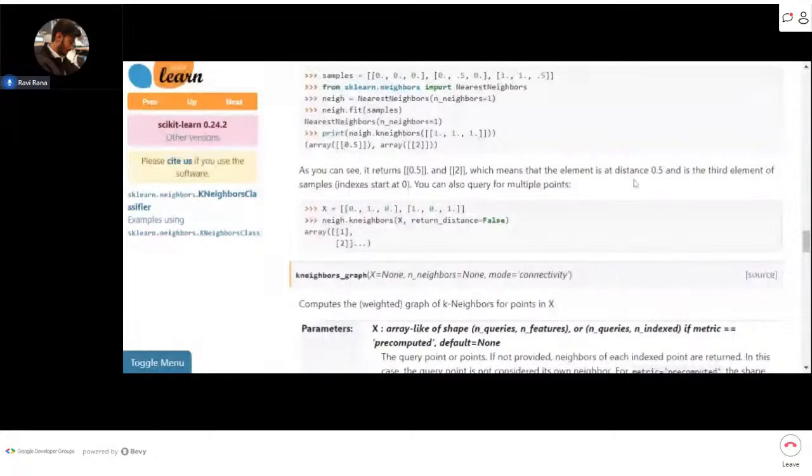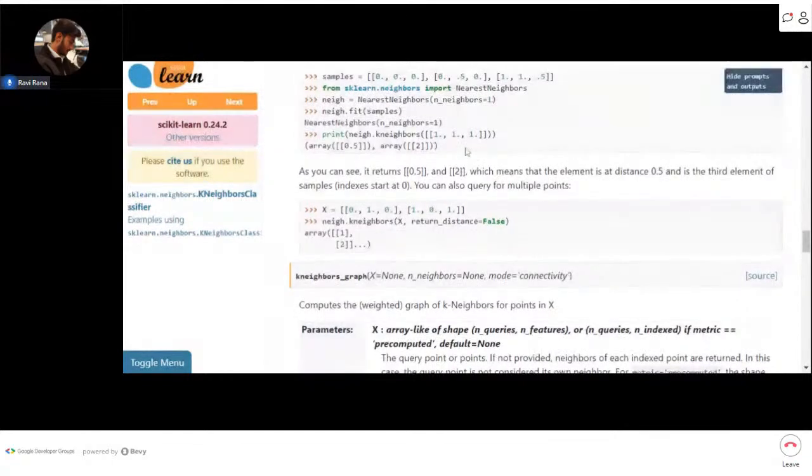It gives us the distance 0.5 and the index 2, which means that this element is at a Euclidean distance of 0.5, and is the third element of the samples.